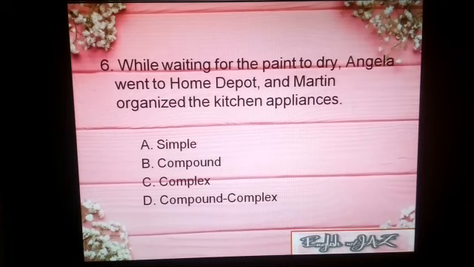And we have two independent clauses: Angela went to Home Depot, and another independent clause, Martin organized the kitchen appliances, which were joined by the coordinating conjunction and. So this sentence is an example of a compound complex.